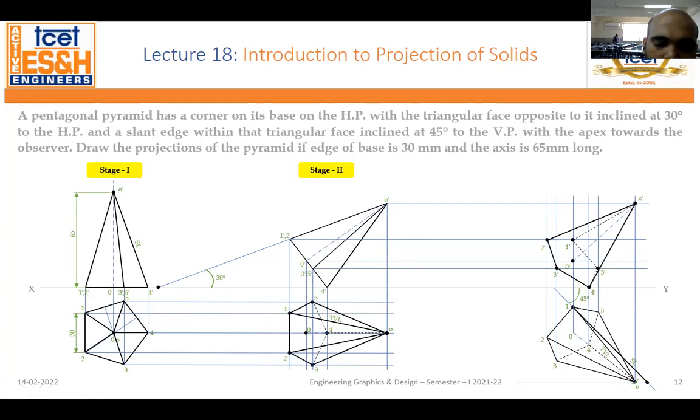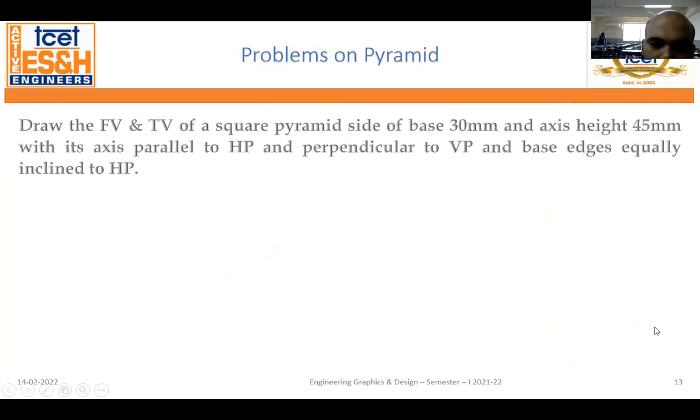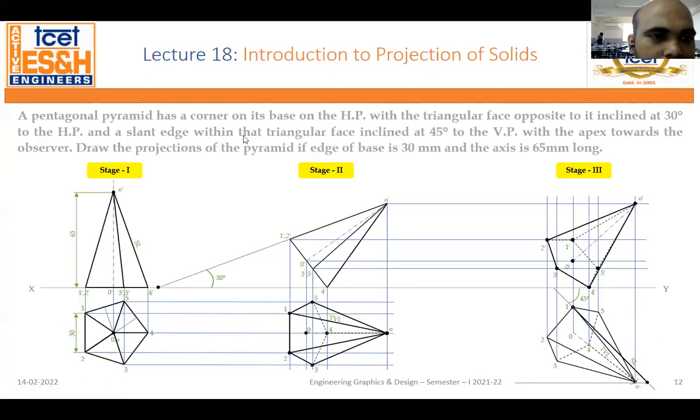Whatever lines are associated with that point will be taken as hidden. Similarly, for the second farthest point, 5, all associated lines also become hidden. Then the third farthest point is 2, but 2 is on the outermost point, so from there onwards everything will be seen. I hope it is clear to all.